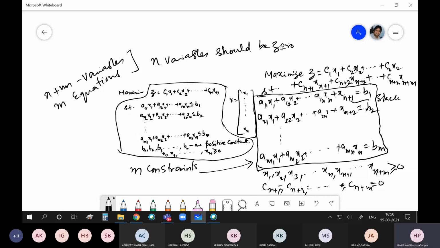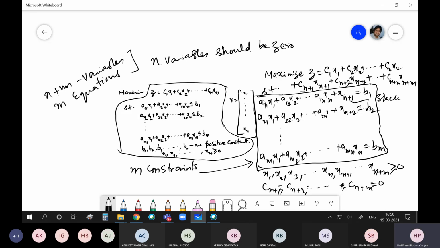So you have to now search for those combinations. Out of n plus m, I have a choice to make n variables 0. They may be decision variables or they may be slack variables.